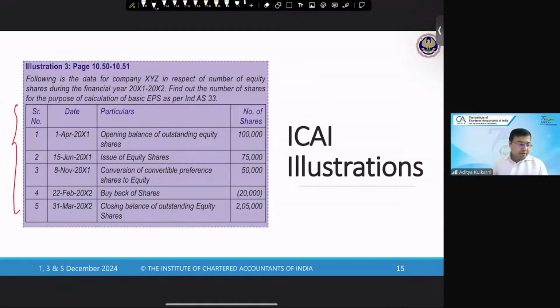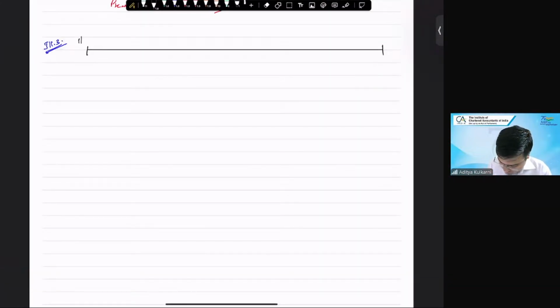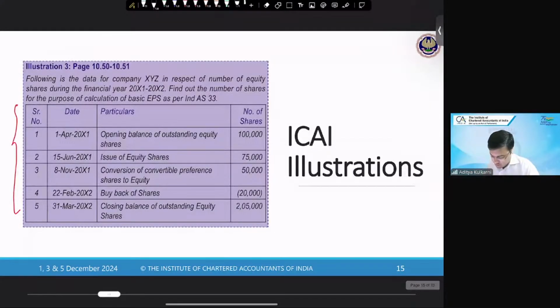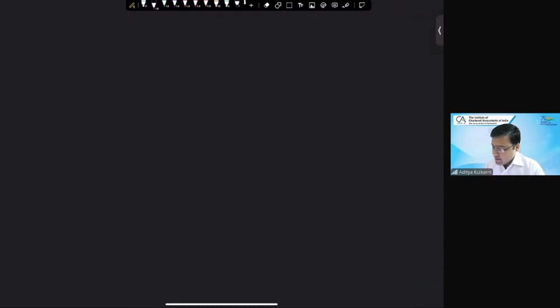So 1st April opening balance was 1 lakh shares. Then 15th June issued another 75,000.